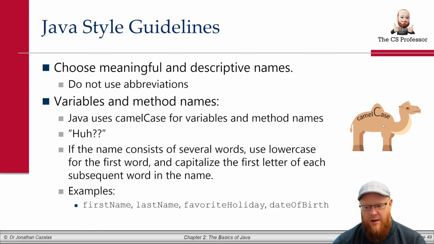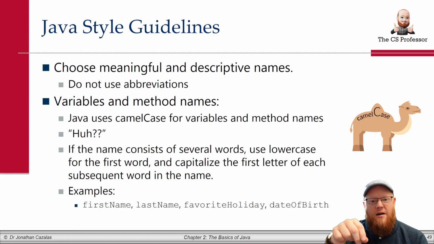What does that mean? Well, you see this hump on the camel, and you see that word, camel case. If you have a variable that is comprised of 2 or more words, those words should be concatenated together, glued together, and the first letter of every word should be capitalized except the first word.